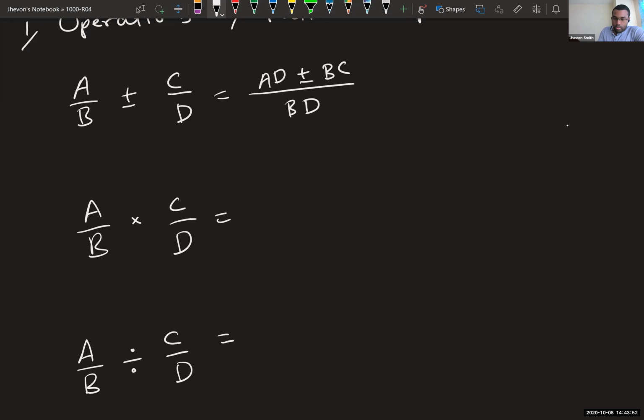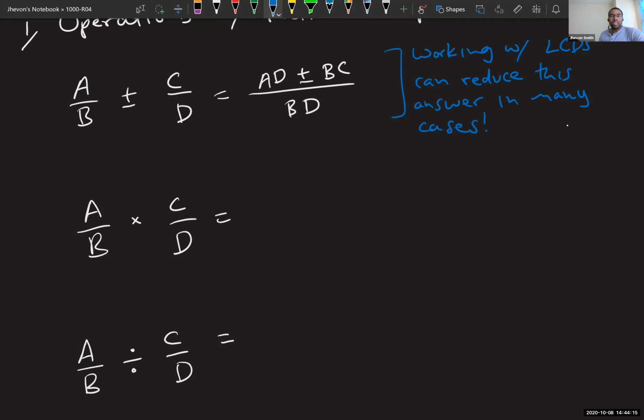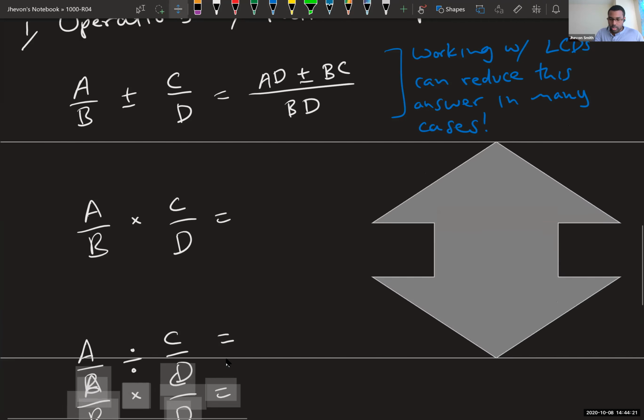So working with LCDs can reduce this answer in many cases. Right. So while this would still work, let's create some space here.